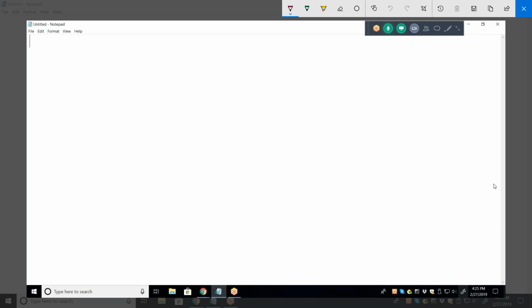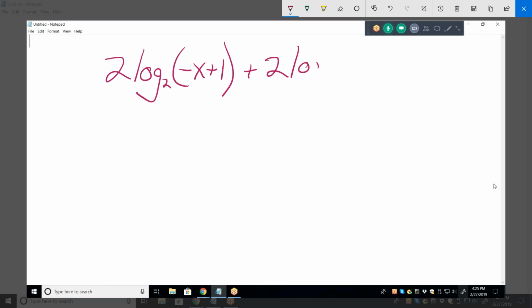Okay, so 2 log base 2 of negative x plus 1, plus 2 log base 2 of 2x minus 1. And is there an equal sign, or is this just compress it? Equals 6.